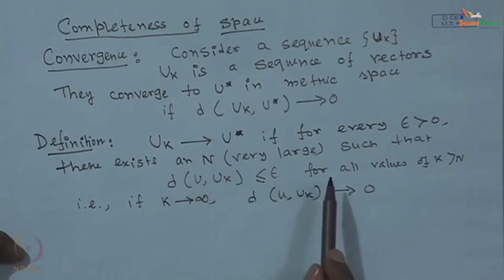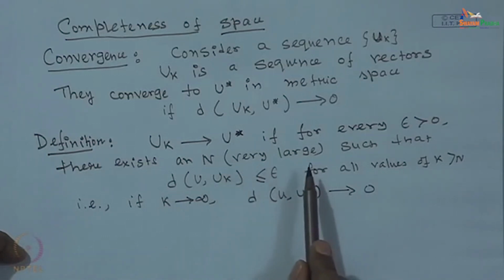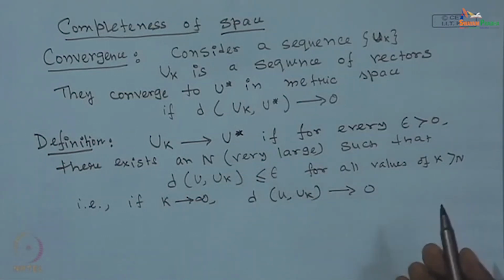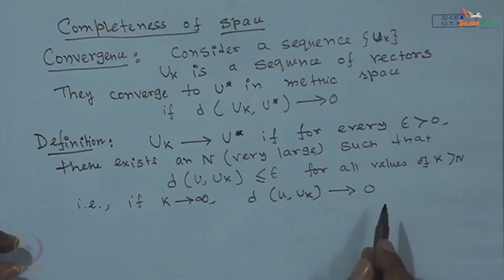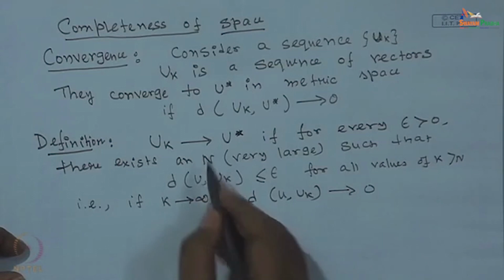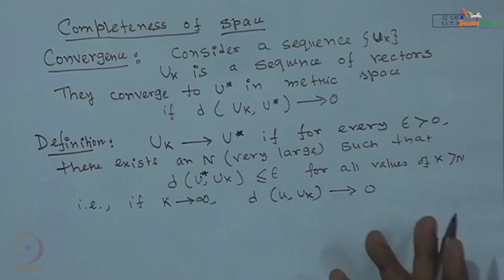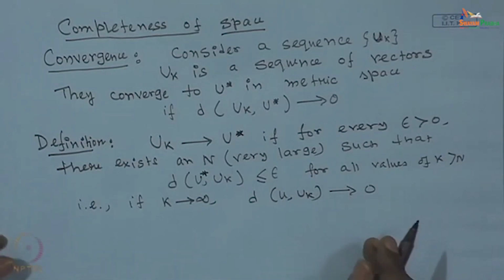We call this sequence a converging sequence if there exists a very large number n for which the metric between the sequence u_k and u star is less than epsilon. Epsilon is an extremely small positive number.